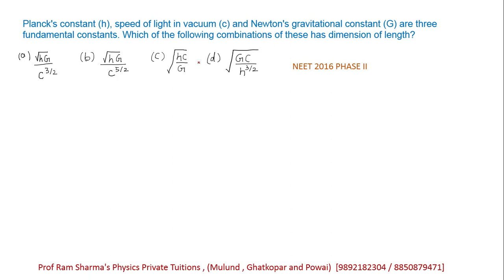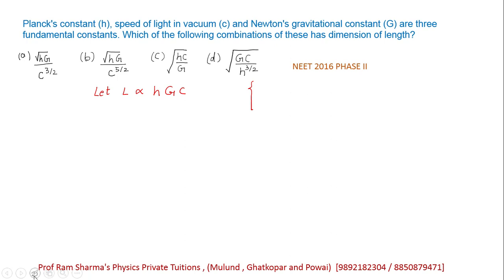So the very first thing we'll do is, ultimately the final answer is L, so we can write like this: let length L depend upon h, G and c. Now here we should know the dimension of h and G, only then we can do something.